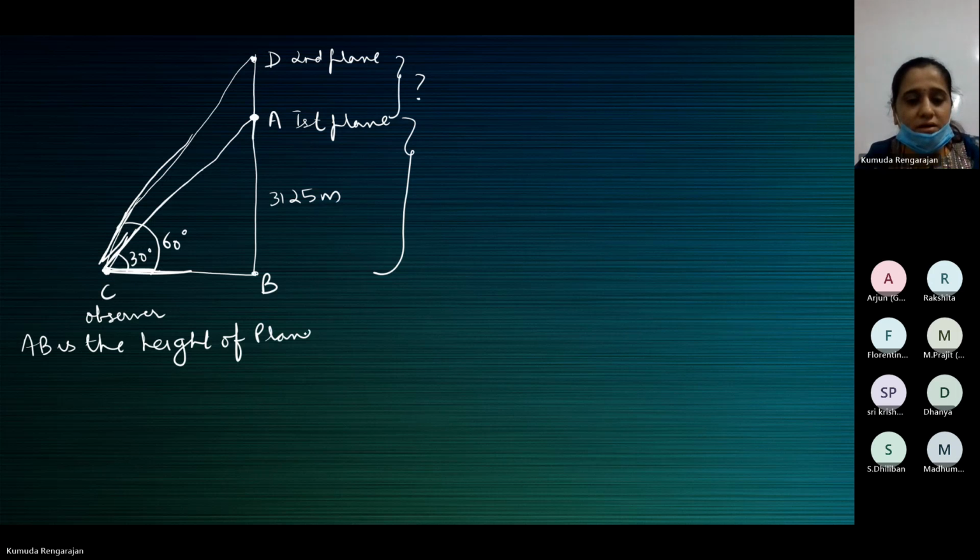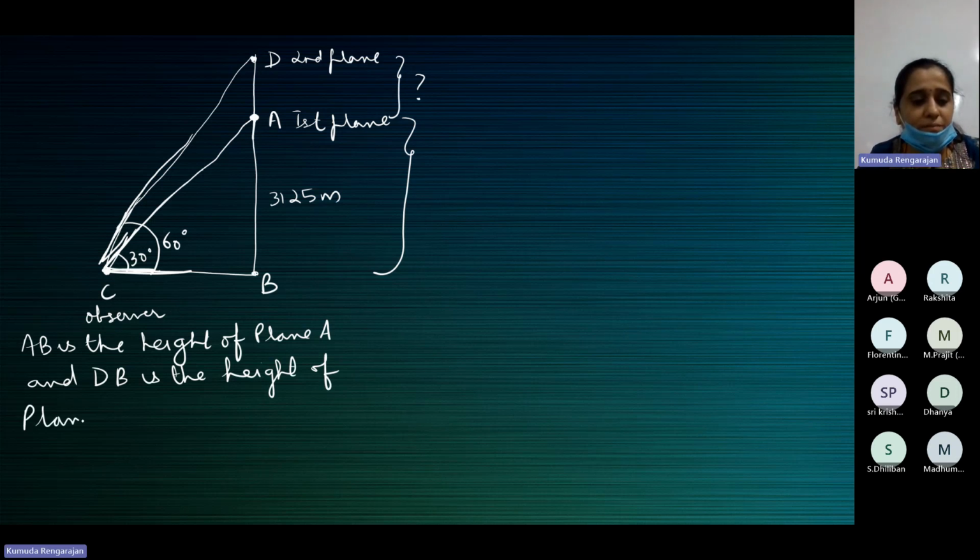And DB is the height of plane D from the ground. C is the position of the observer.